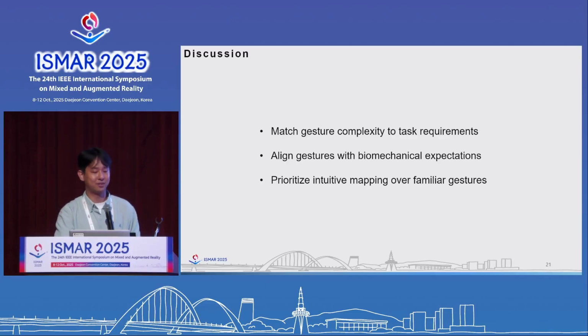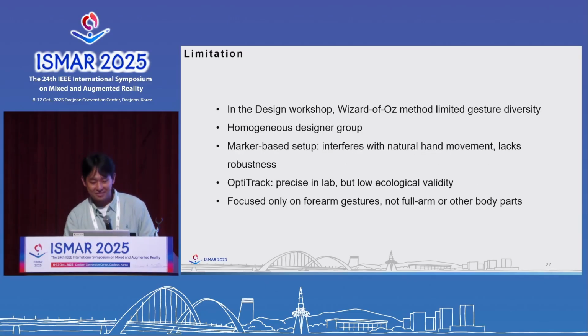Of course, we have limitations. First, we used the Wizard of Oz in the design workshop. Maybe it limited the imagination of the designers. Second, our implementation depends on physical markers, so we have to invest more time in other tracking systems.